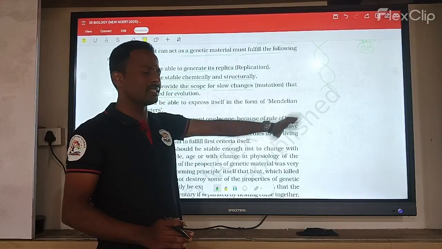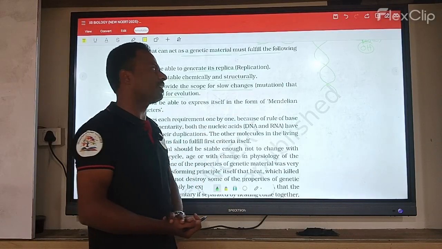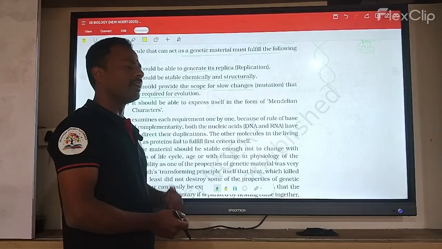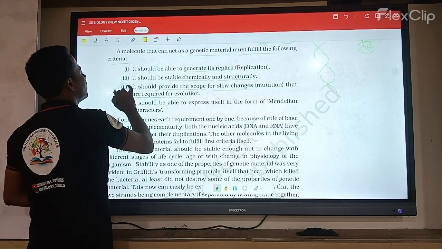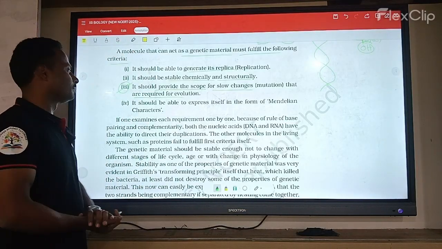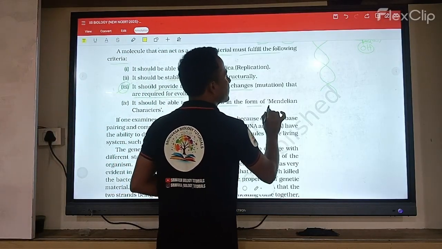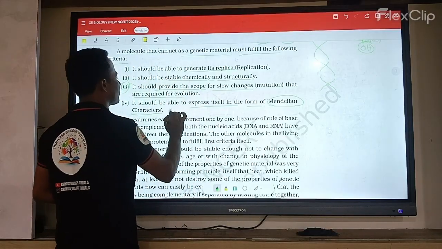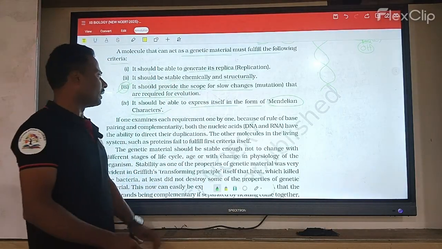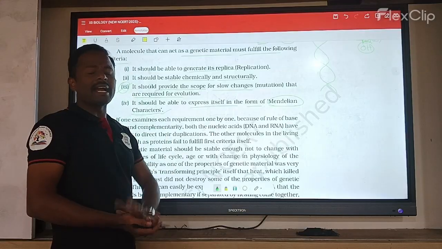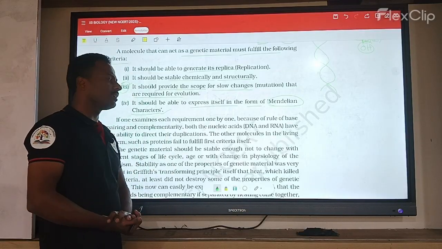Next, it should be able to express itself in the form of Mendelian characters, following Mendelian principles.